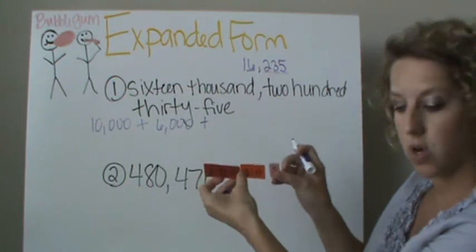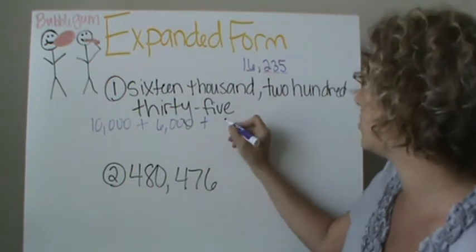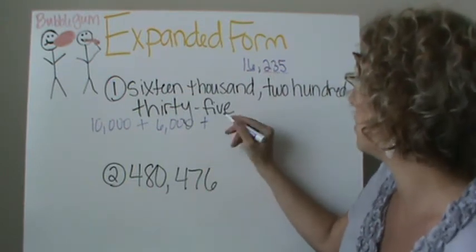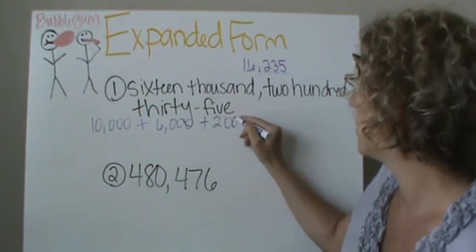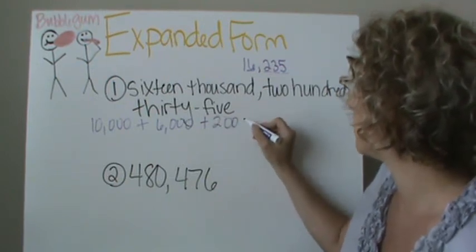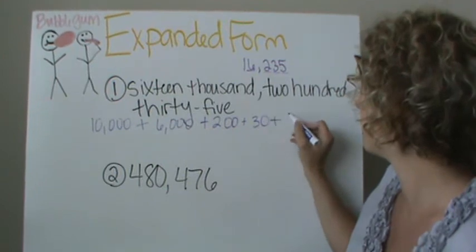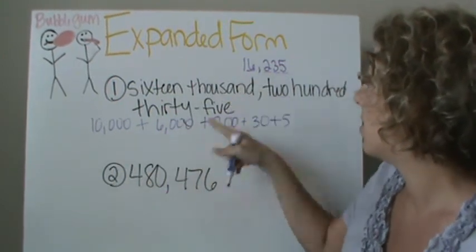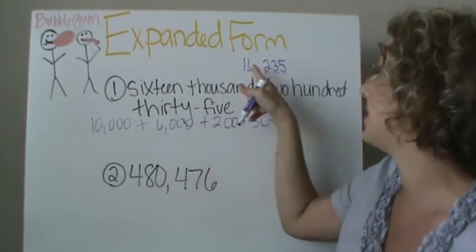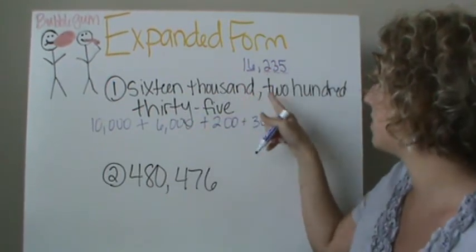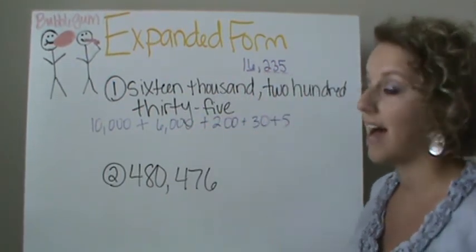So you have all your cards, that one number stretched out to expanded form. 10,000 plus 6,000 plus 200 plus 30 plus 5.